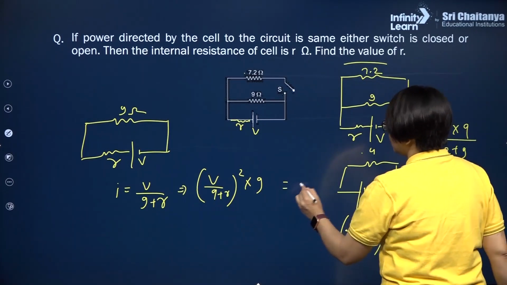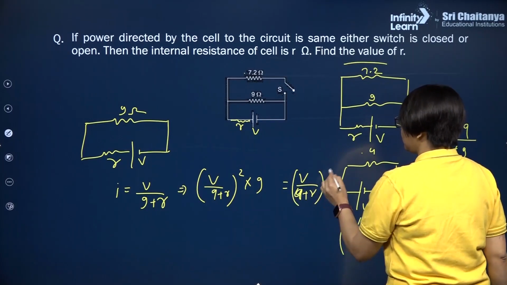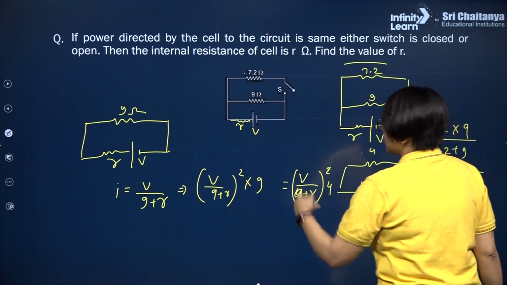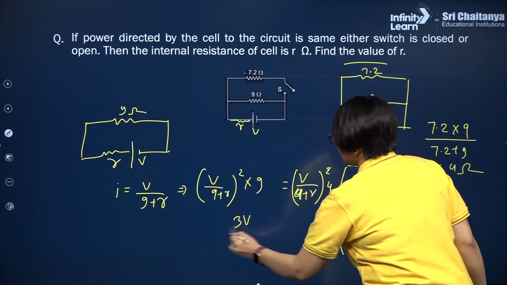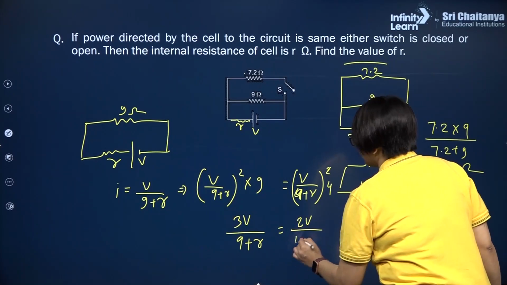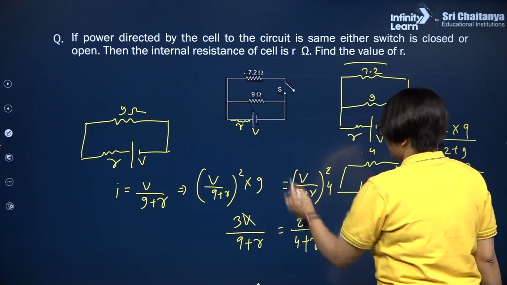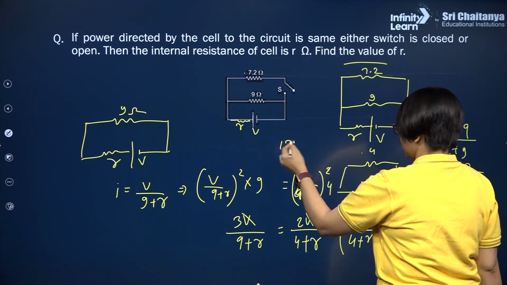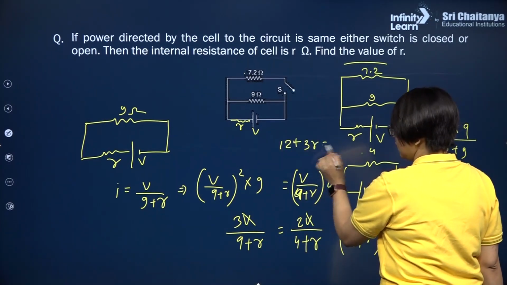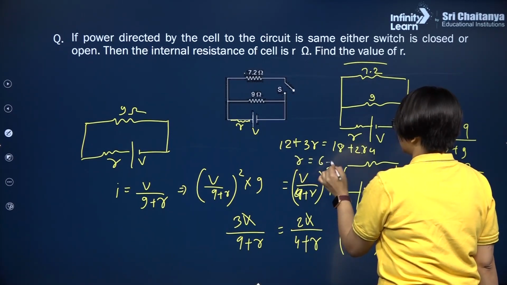Let's equate these values. Take the square root, so it will be 3V upon 9 plus R, and that is equal to 2V upon 4 plus R. After solving this, you will get 12 plus 3R equals 18 plus 2R. So R is 6 ohm, right?